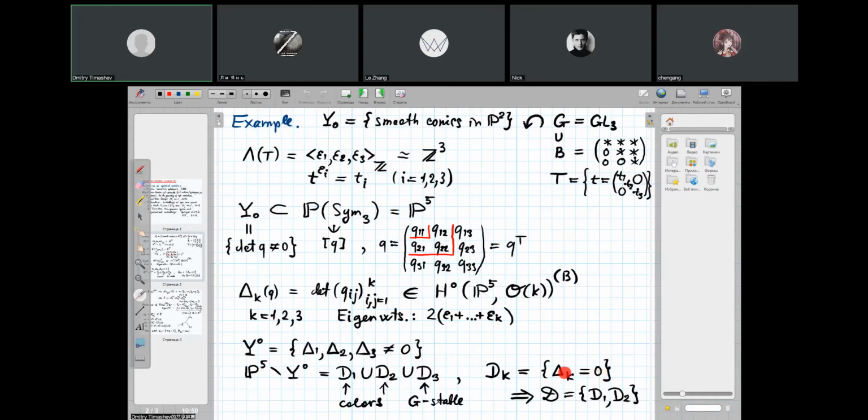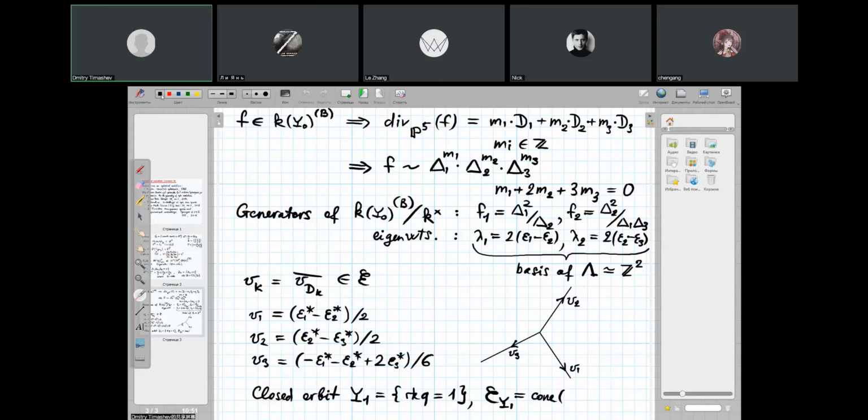And the B-stable divisors containing the orbit of matrices of rank 1 are D2 and D3. If you have a matrix of rank 1, then these two minors vanish on this matrix. And this one does not necessarily vanish, because the matrix may have rank 1 and still have a non-zero matrix entry here.